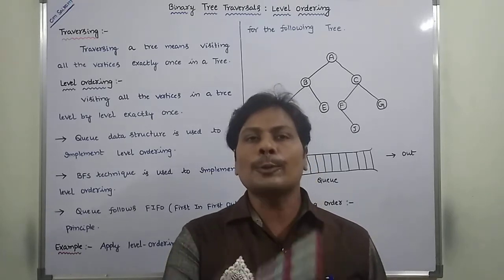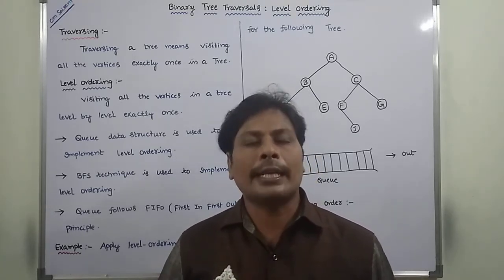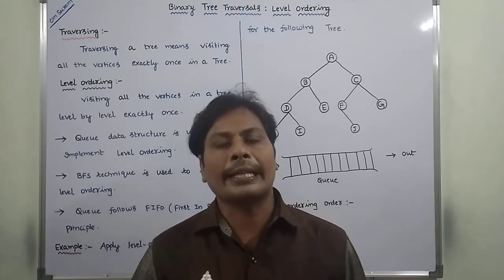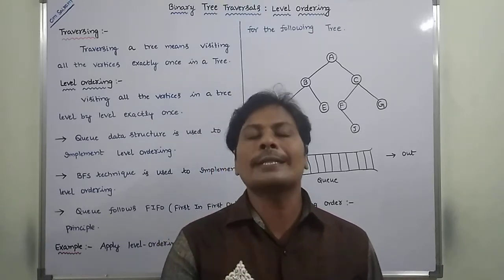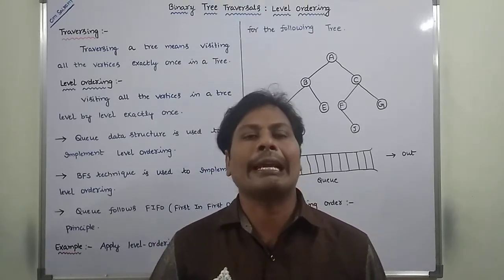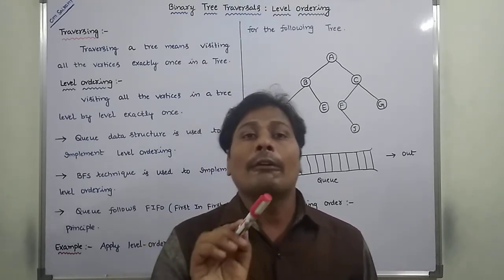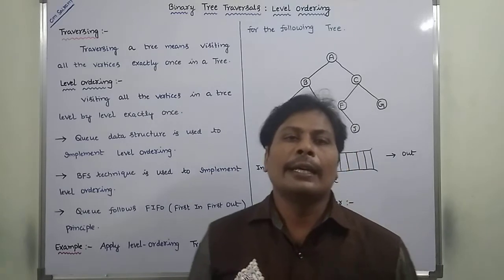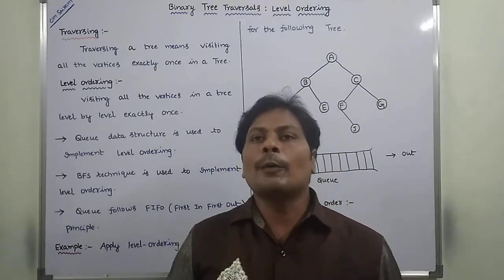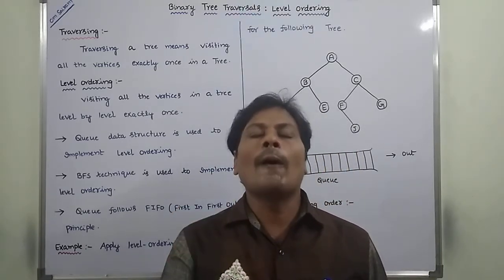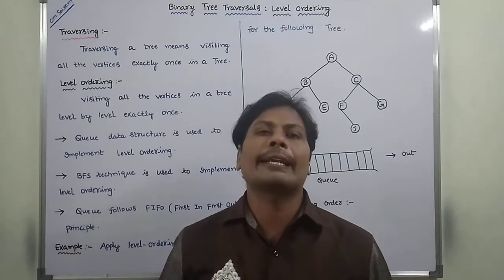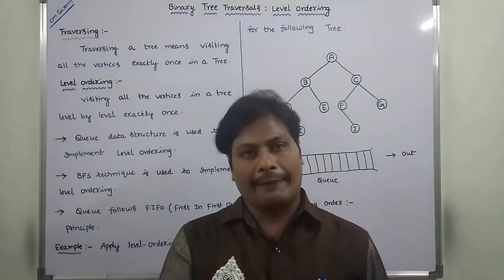In addition to the 3 binary tree traversal techniques, there is another tree traversal technique, that is level ordering. What is level ordering? Level ordering means we visit all the vertices in a tree level by level.